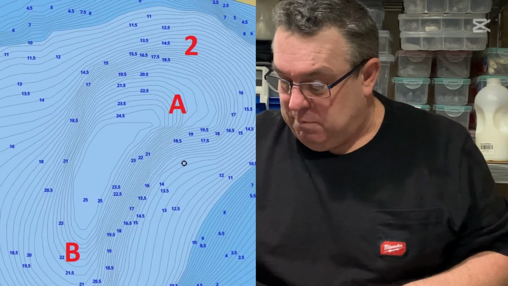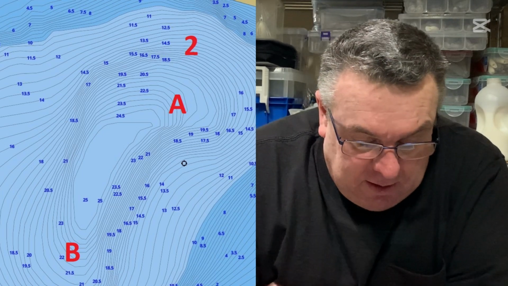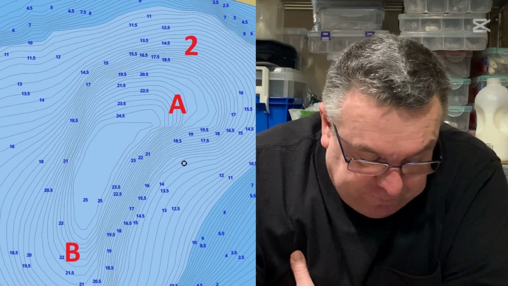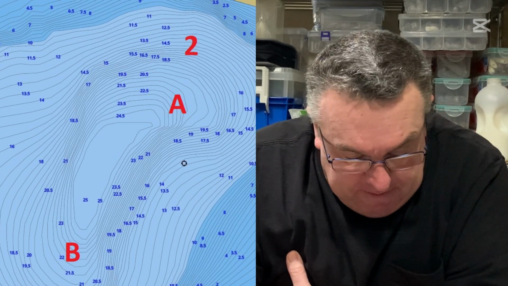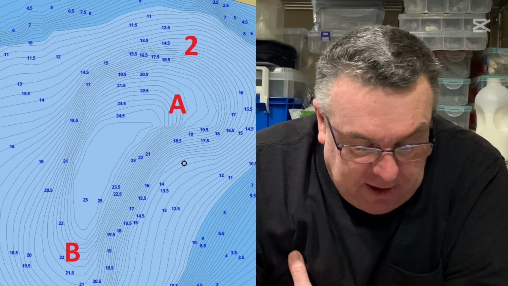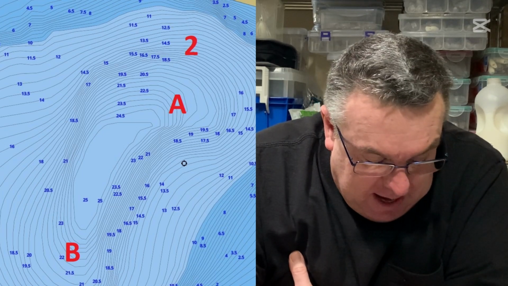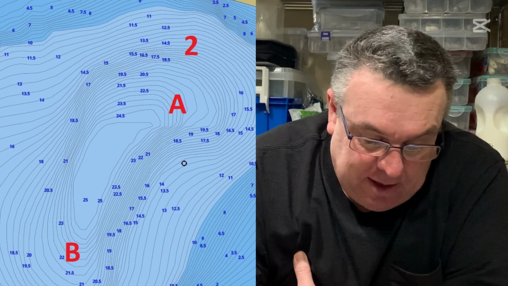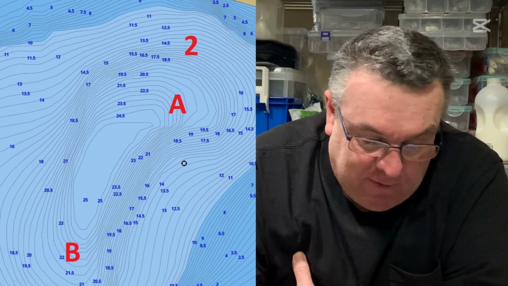Section number 2 is basically just a zoomed in section of that deep water hole. I want you to pay particular attention to area A and area B. What that is, we call a pinch point.